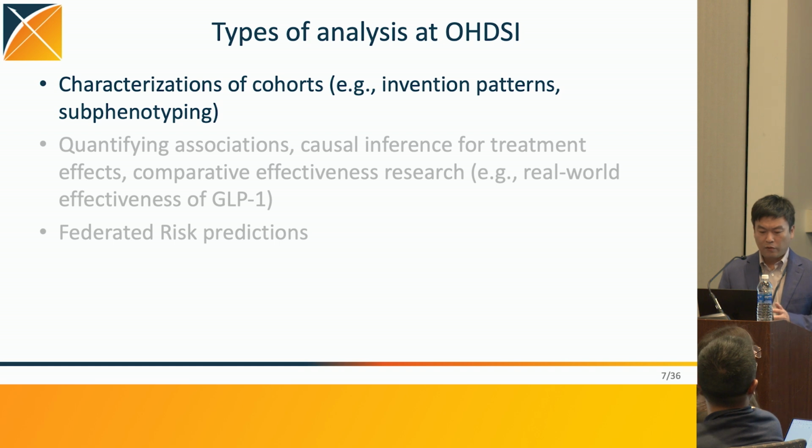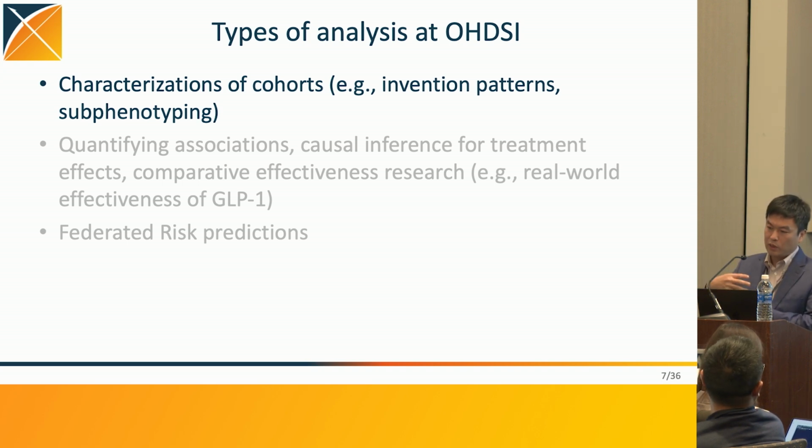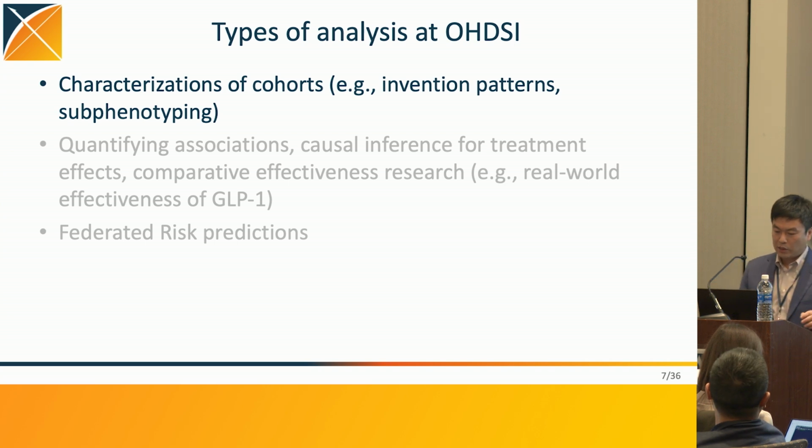And what about quantifying some association, for example, some regression model or doing causal inference or target trial emulation? Could you raise your hand? Another, also half. And the last one is about risk prediction. You want to use other people's data to help you boost the prediction performance for your own data. How many of you are doing this? About a third, right? Okay, I'm going to tailor the material a little bit in the rest of the talk.